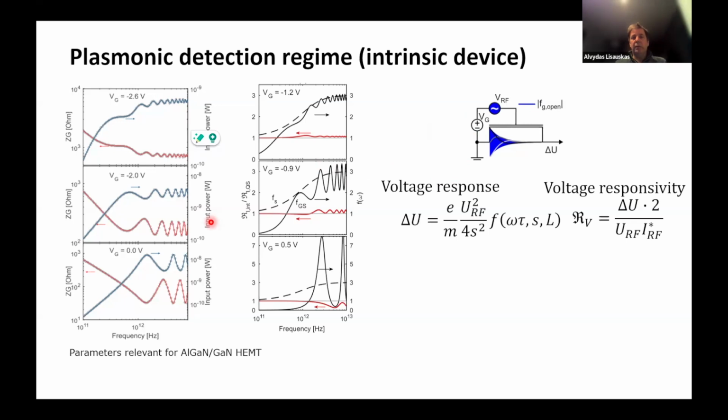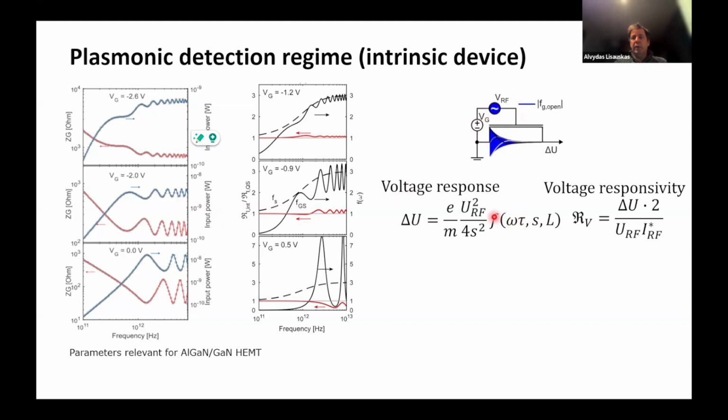And then I gave a special analysis to that statement by just plotting or solving the system as we had here, very similar, or exactly the same configuration as was applied by Dyakonov and Shur in the paper.